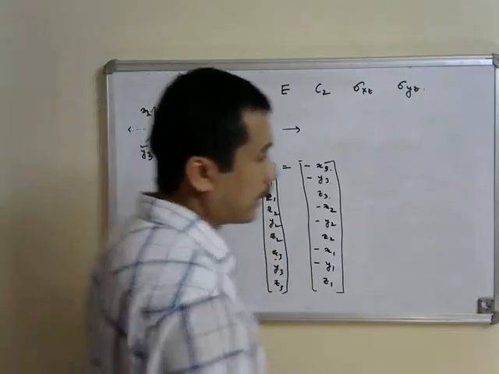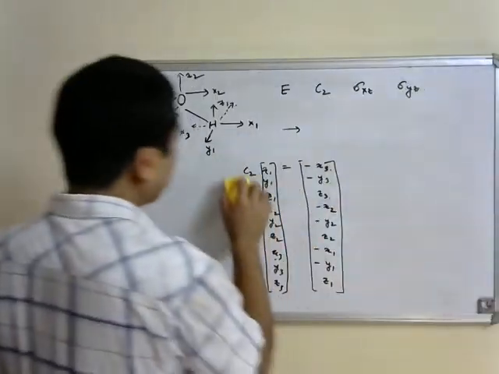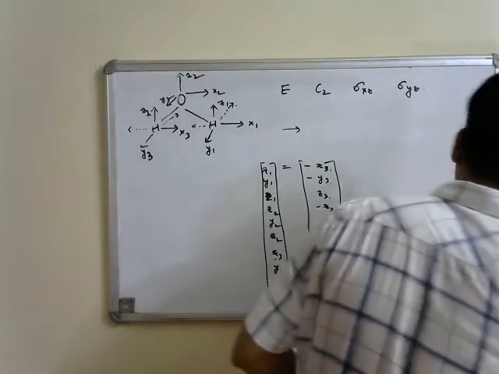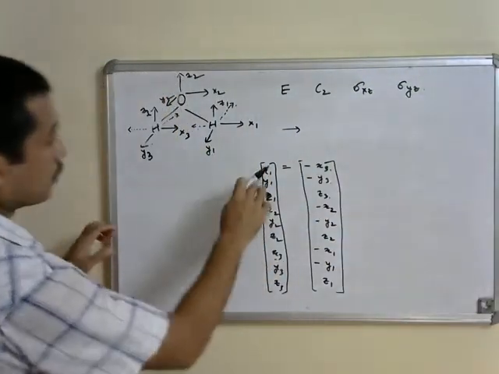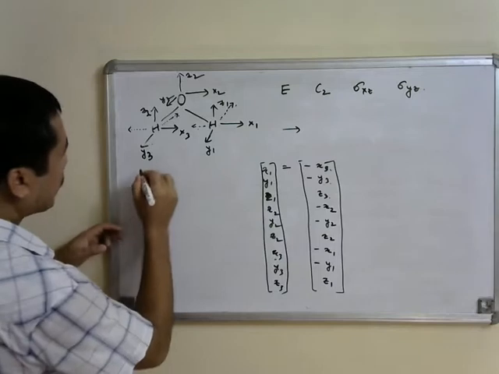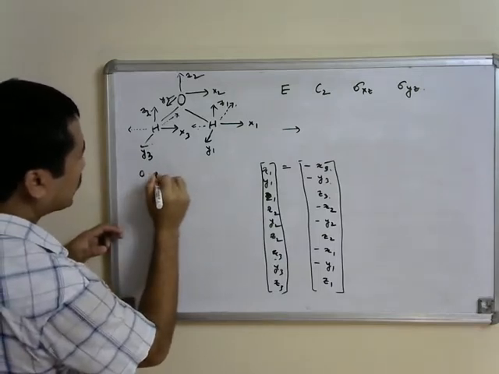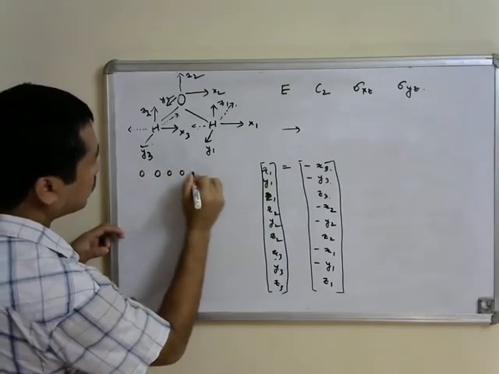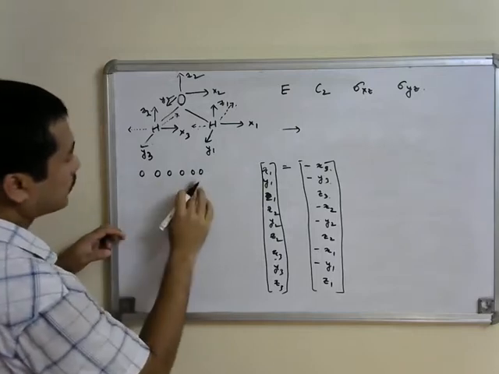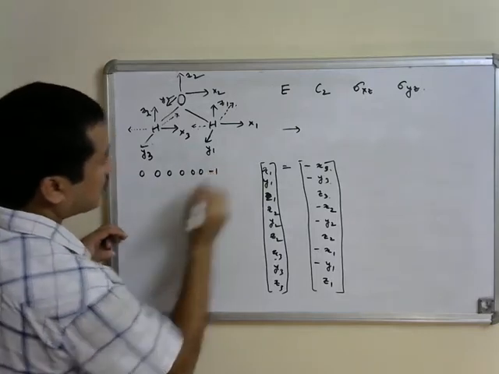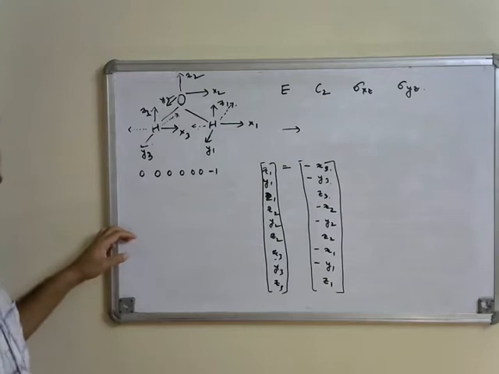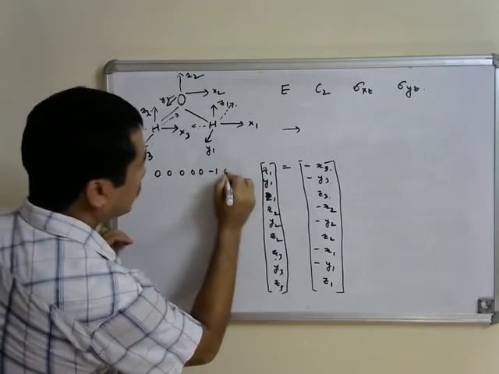So now we can write the matrix representation for the C2 operation by looking at the result, because X1 goes to minus X3. So that is why the first line is going to be all 0 for six entries, and the seventh number will be equal to minus 1 and then 0, 0.